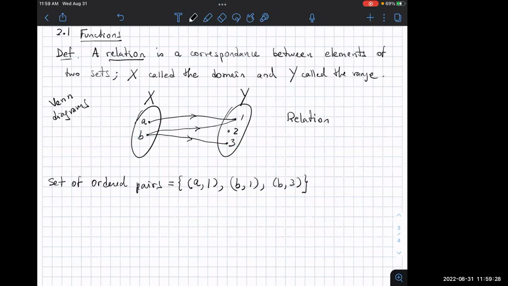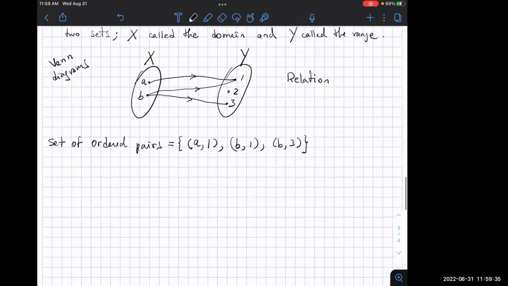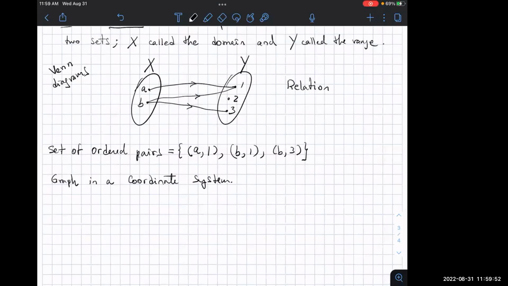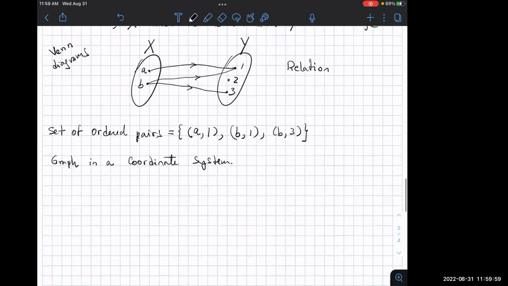Okay, so we have a Venn diagram and we have sets of ordered pairs. You can also illustrate it as a graph in a coordinate system. Okay, and it is exactly the same thing. The way we interpret each one, A comma 1, B comma 1, B comma 3, those are represented as points.